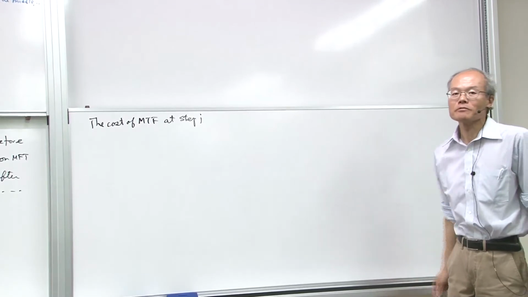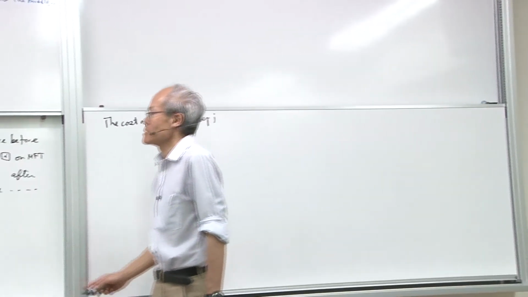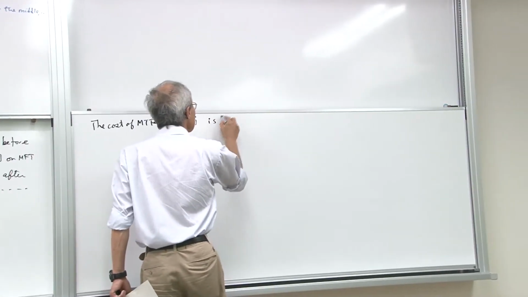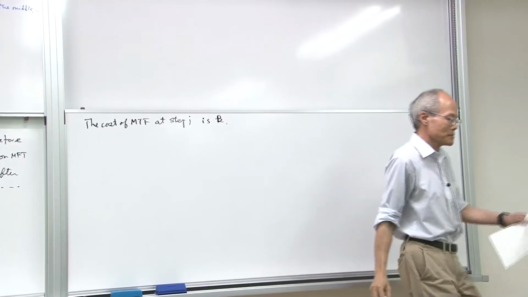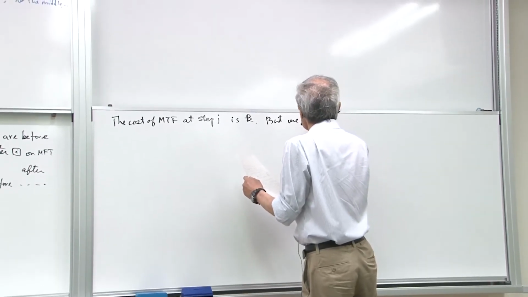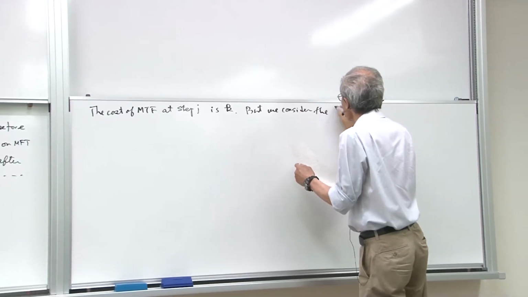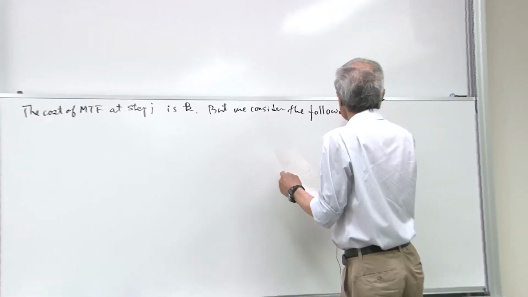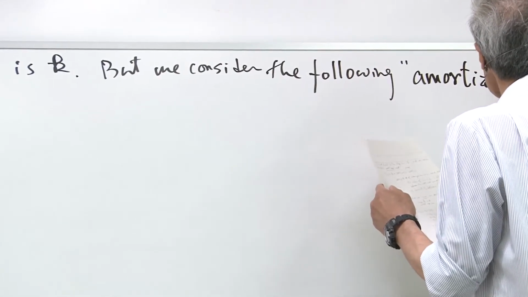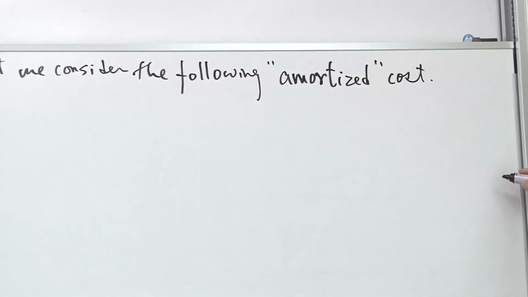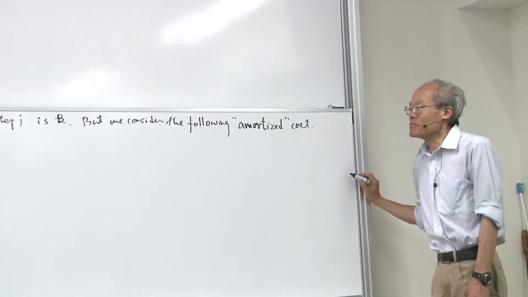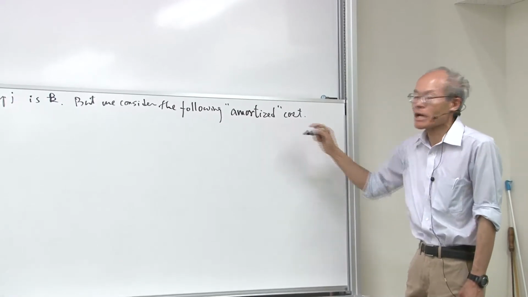Of course, we assume it to be K. We assume that the cost of MTF is K. But we don't use that direct cost; we consider the following amortized cost.